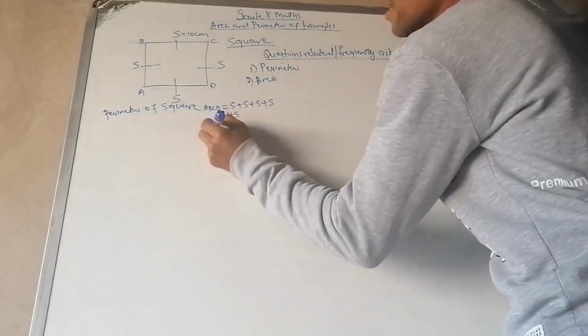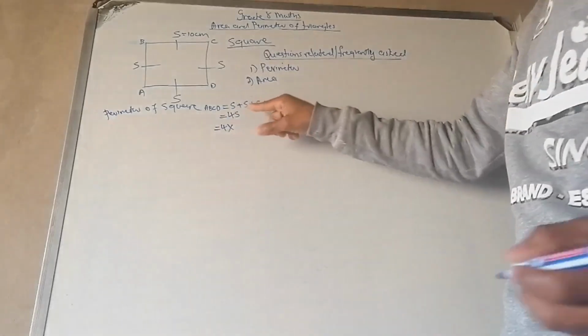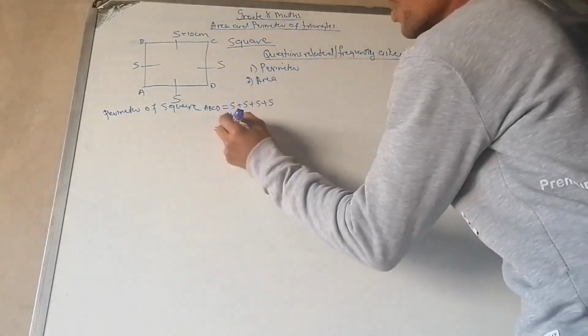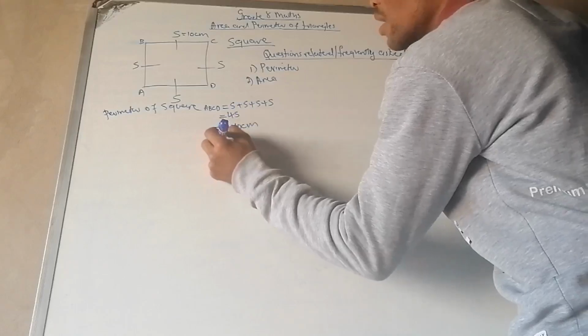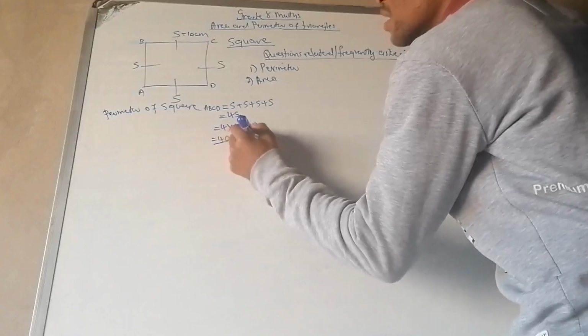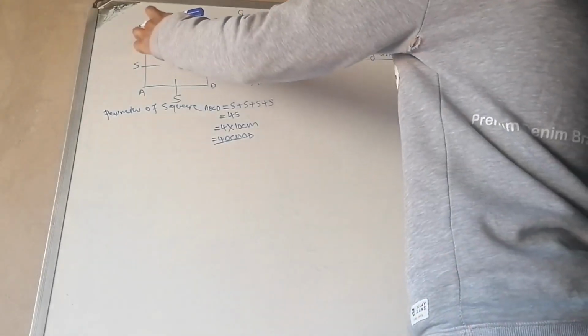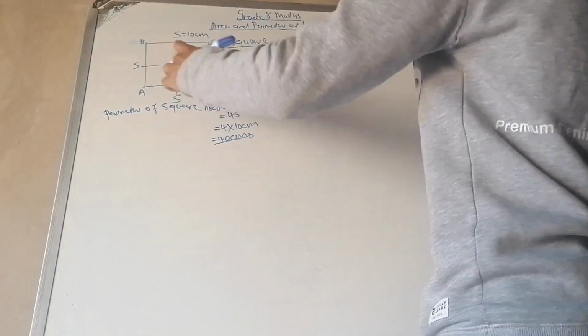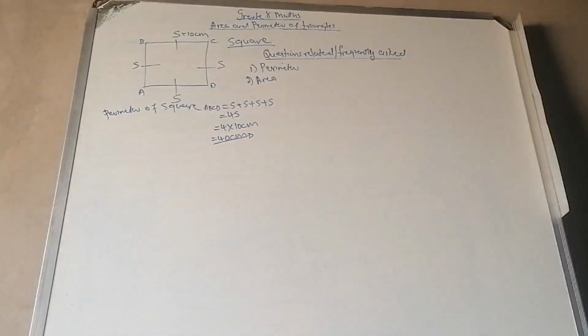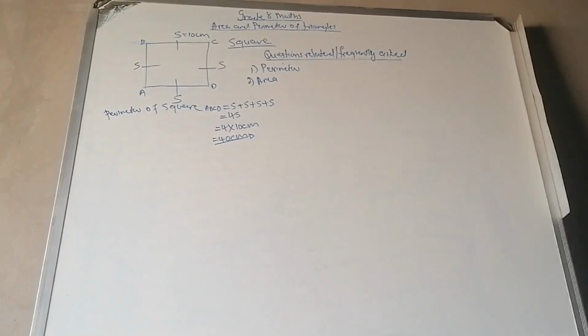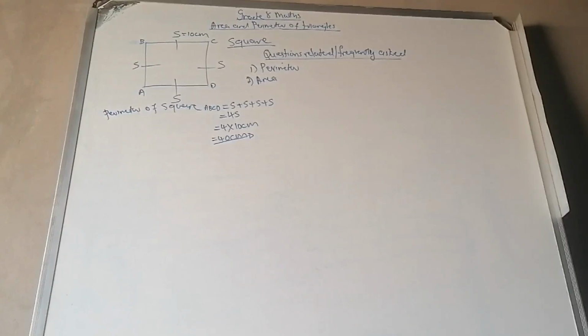Okay? And then you will take that 4, multiply by S, which is 10 centimeter, and you will get 40 centimeter. That's how you calculate the perimeter of this four-sided figure, which we call a square.